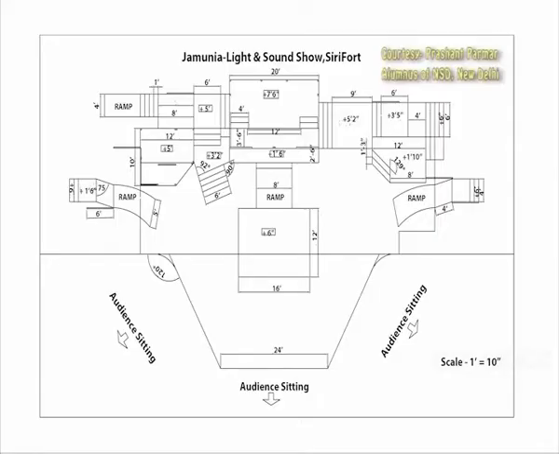The z axis, that is, the height, is not shown in the drawing. It is only mentioned on the drawing in numbers with a plus sign if the height falls in the positive z-axis, that is above the neutral stage level, whereas a negative sign if the object is below the neutral stage height, measuring the depth. Let us take a look at the ground plan of the same play.